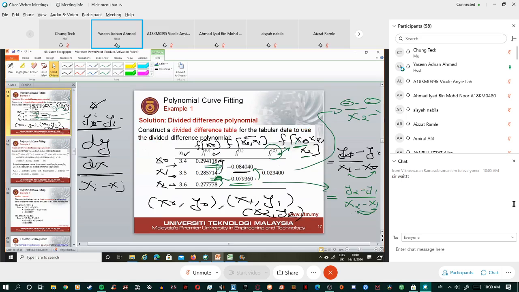So it should be x2 minus x0. Okay, so that will be your 3.6 minus 3.4. That's important. Okay, so if you have next one, the starting point will be 3 minus 0. So now we don't have the additional term here because it already ends, but sometimes we might have an additional term.